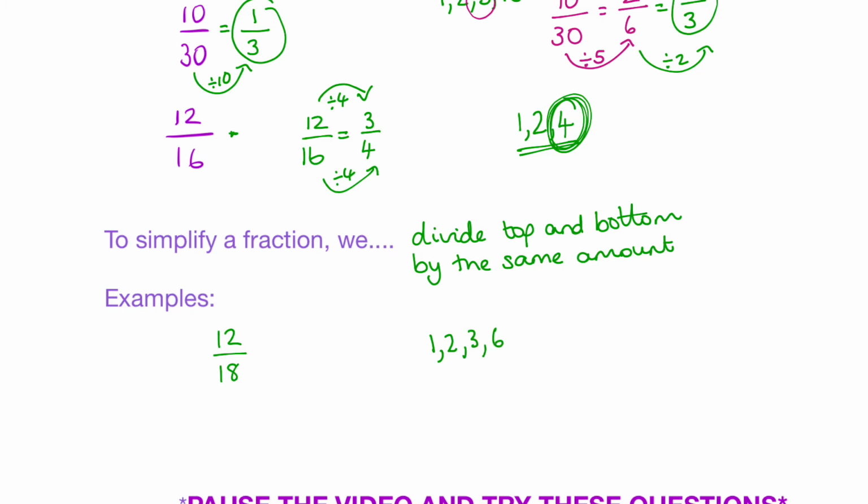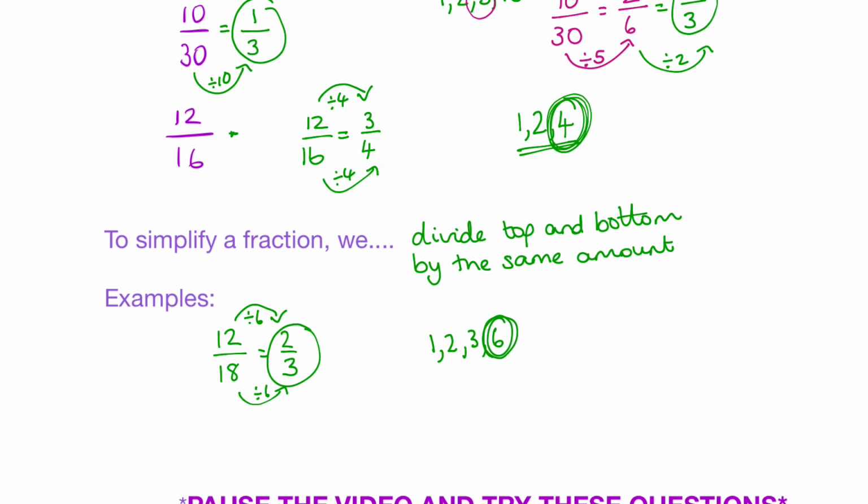So to get to our answer quickly, we need to divide by the biggest of these numbers. So we're going to divide top and bottom by 6. So 12 divided by 6 is 2, and 18 divided by 6 is 3. So 12/18, when you fully simplify it, you get 2/3.